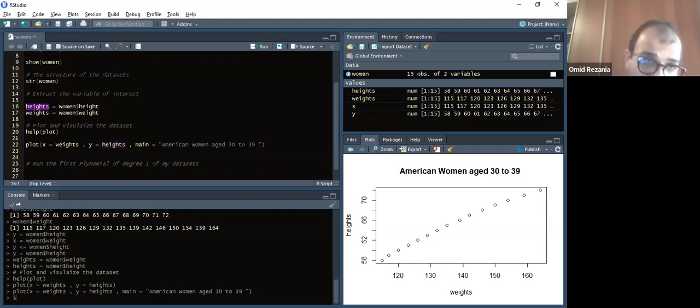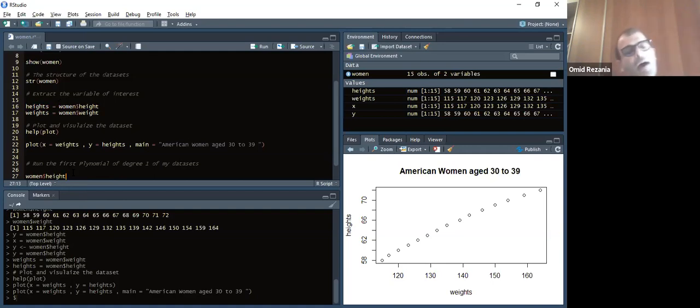Look at that, because we have the equal sign there, it means that they have to be equal. It doesn't matter if I pick up the right side or whatever I have on the left side. Okay, and that's the criteria we are looking into. Then I can write woman$height, which is essentially the height of all American women.